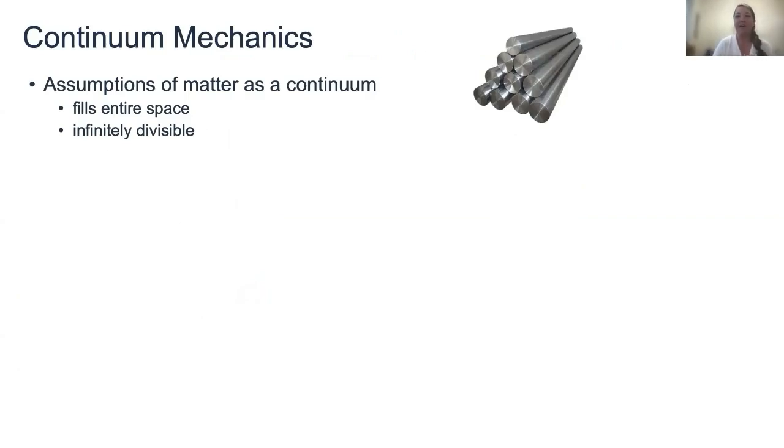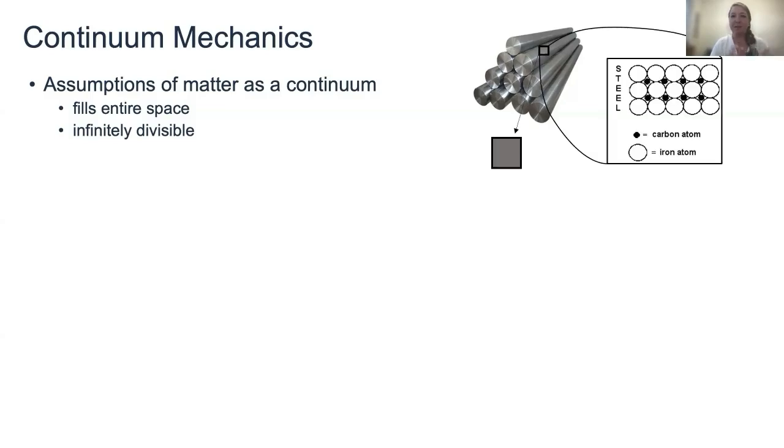What that means is that for an arbitrary unit of material, we assume it fills the entire space and it's infinitely divisible. So if we think about our steel material here and how we might subdivide it, we would be able to go to a pretty small scale before our steel is not filling the whole space. We can't divide it anymore, right? The level of carbon and iron atoms. But at scales above that, we can assume a uniformity of steel, a continuous steel within our space, right?